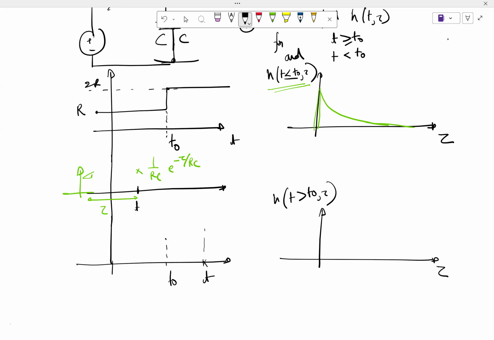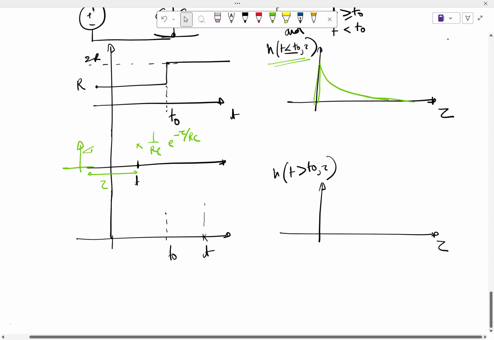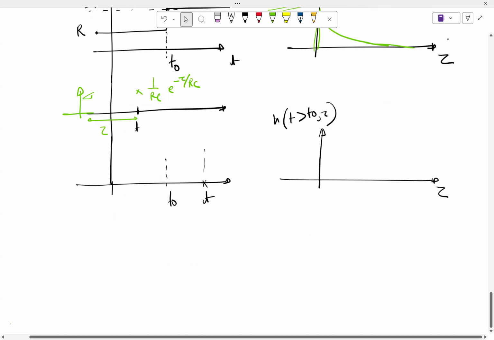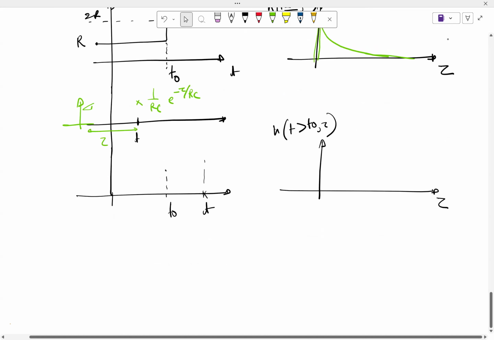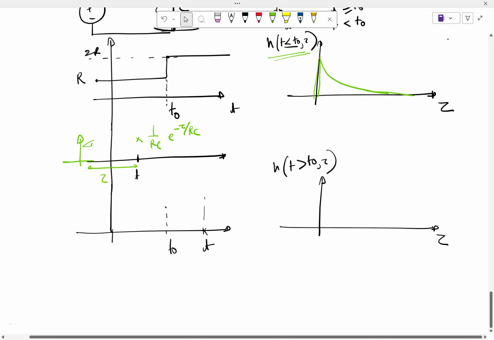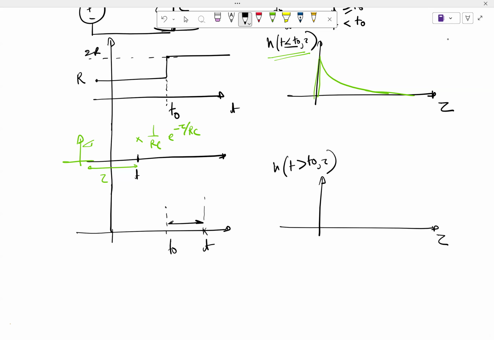So let's do that. If I apply an impulse here, let's say, I can subdivide this into two categories, right? In which the impulse has been applied in this region, correct?